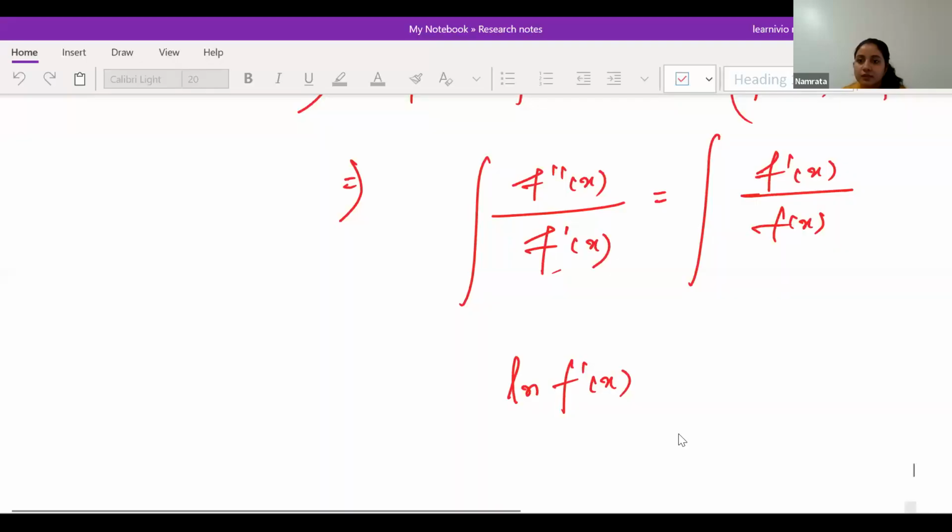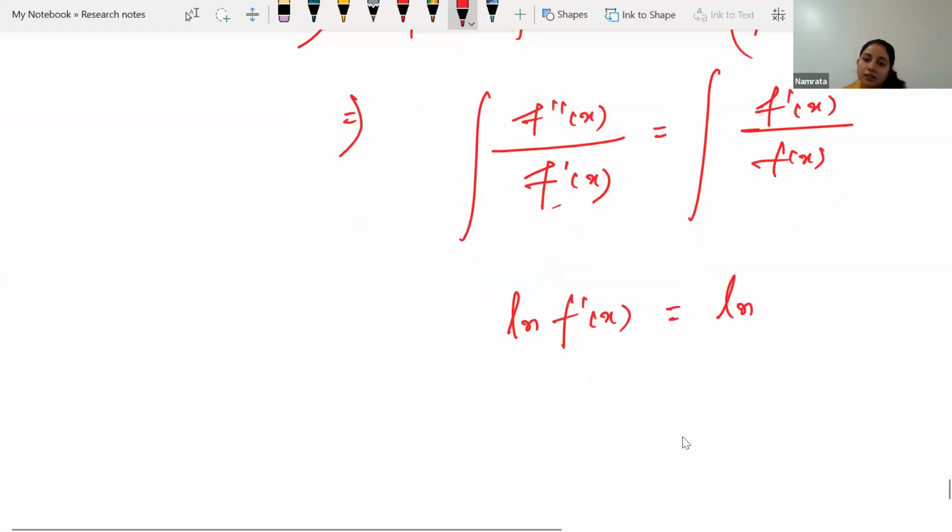Okay, let's continue from here. So both sides we are getting logarithm only. Here also we'll have ln f of x plus c.